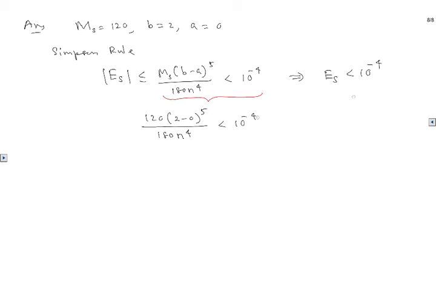We can cross multiply, moving n to the 4th to the right side and 10 to the negative 4 to the left side.